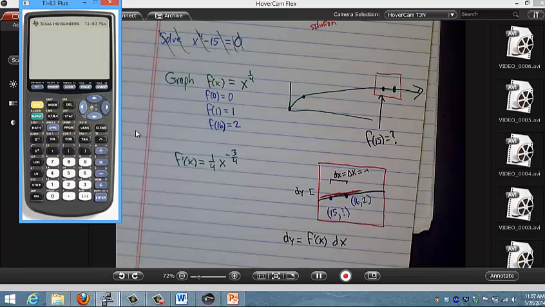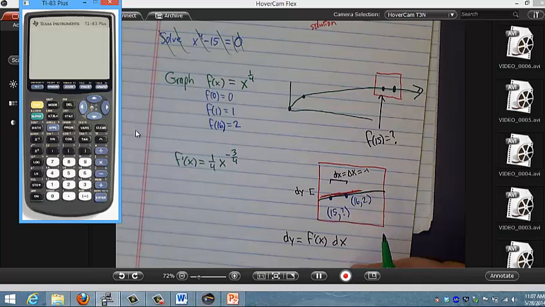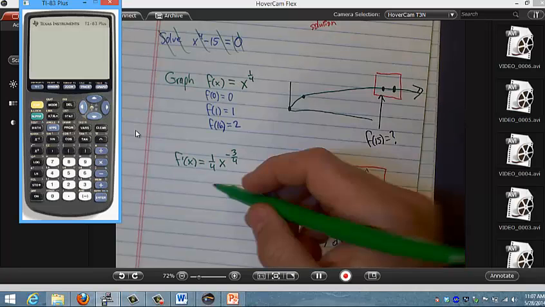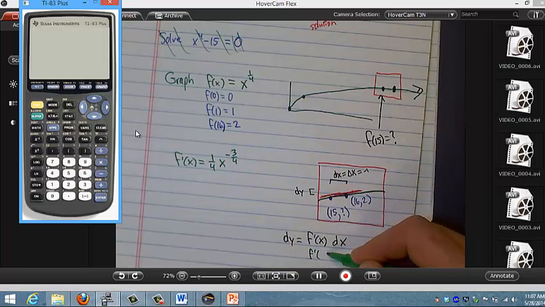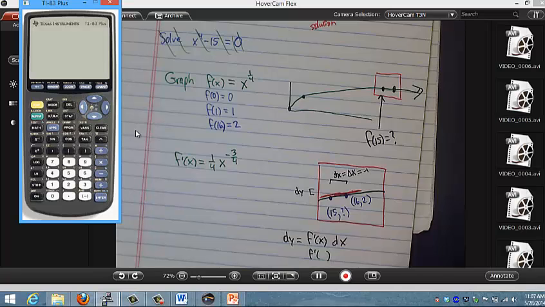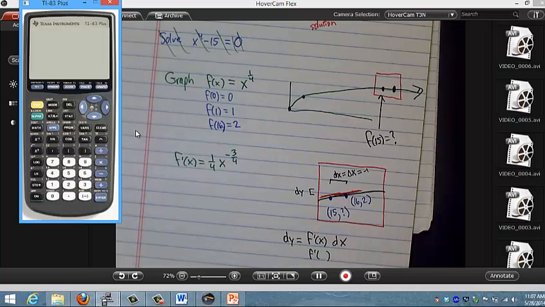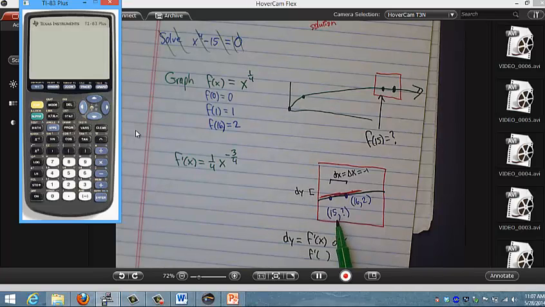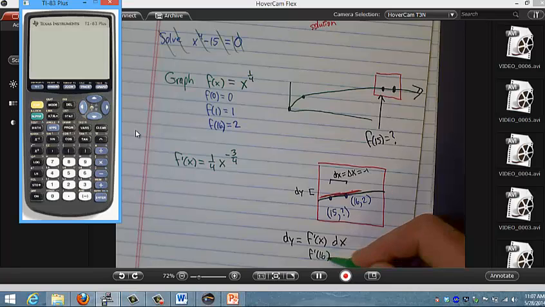Now what do I want to use? I want to use really f prime of, what do I want for my x? Well, 15 is what I want to approximate. I don't know f of 15 yet, but I do know f of 16. Even on a deserted island, I know that's 2. And dx, I also know that's going to be -1.